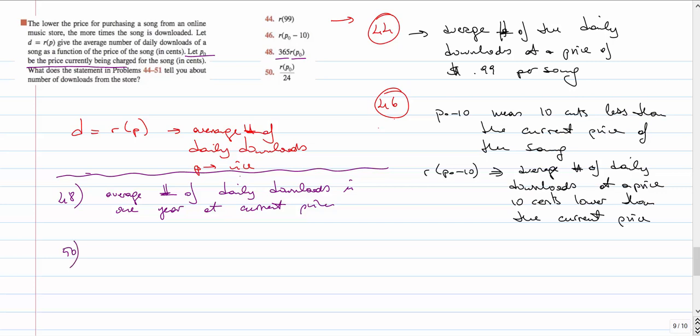50. If you divide by 24, so there are 24 hours a day, per hour it gives you the outcome.